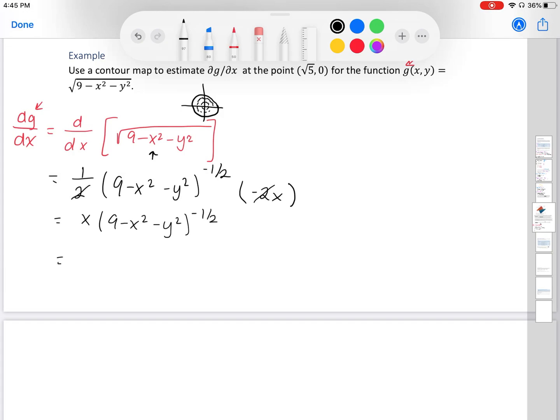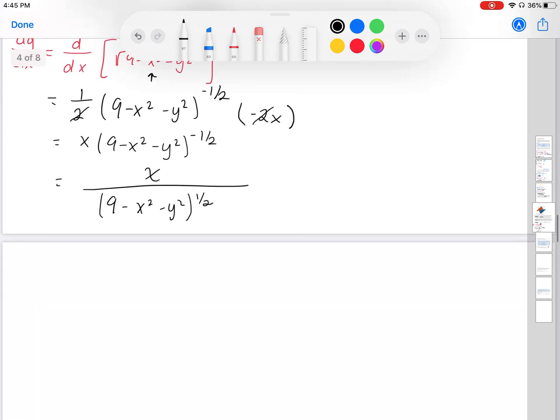Let's move that negative 1/2 power to the denominator. So we're left with 9 minus x squared minus y squared raised to the 1/2 power. Now it's not negative, and x stays in the numerator. All right, so next we evaluate for our point.